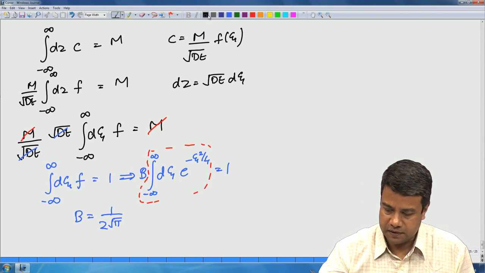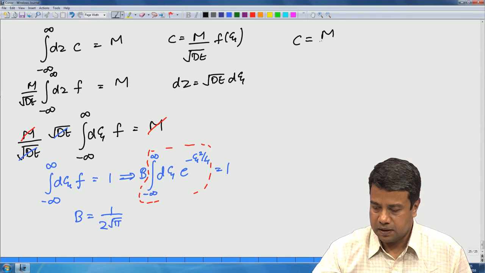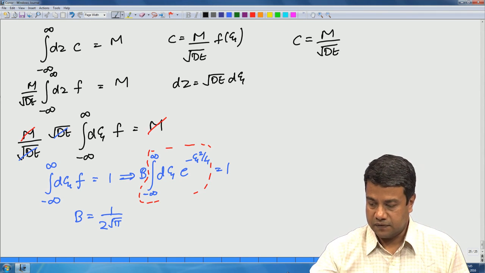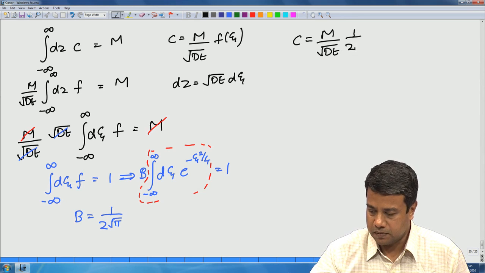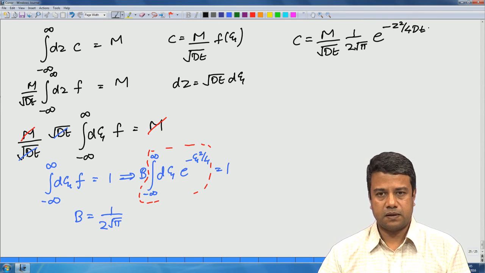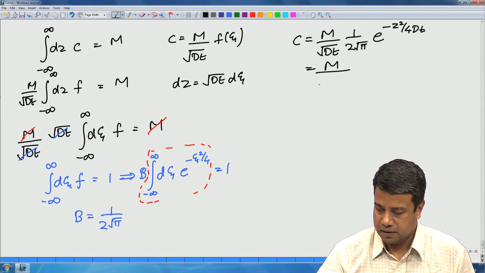Therefore, expression for the concentration field C is equal to m by root dt, times f. F is 1 by 2 root pi e power minus z square by 4 dt. I can also write this as m by 2 root of pi dt, times e power minus z square by 4 dt.